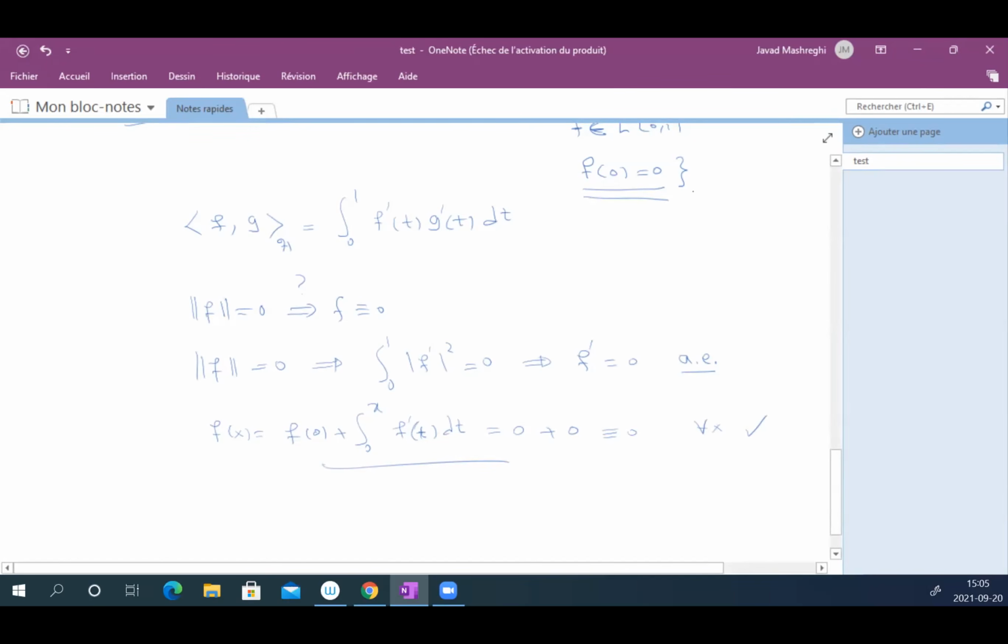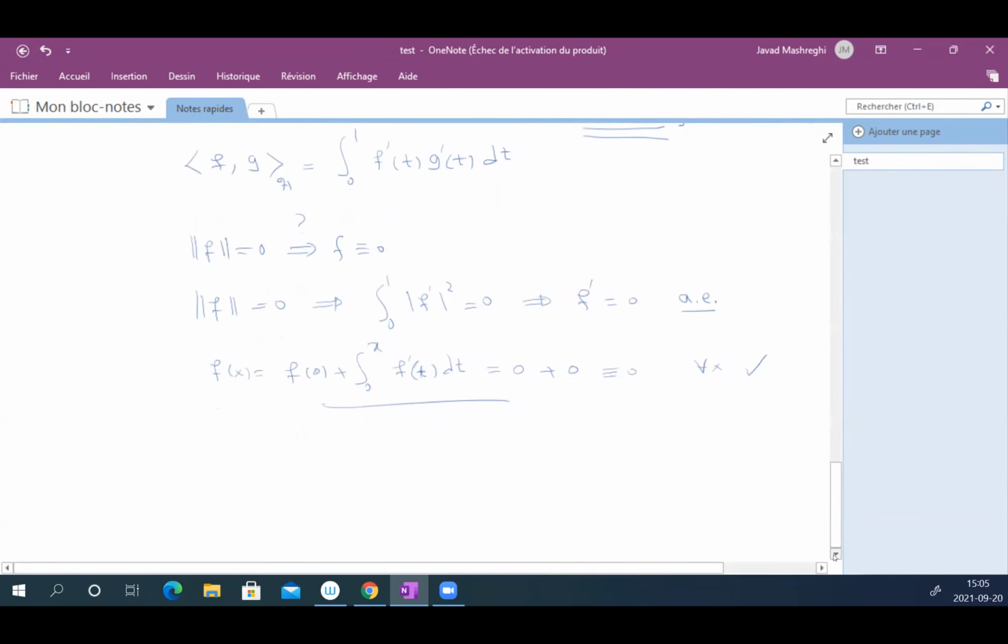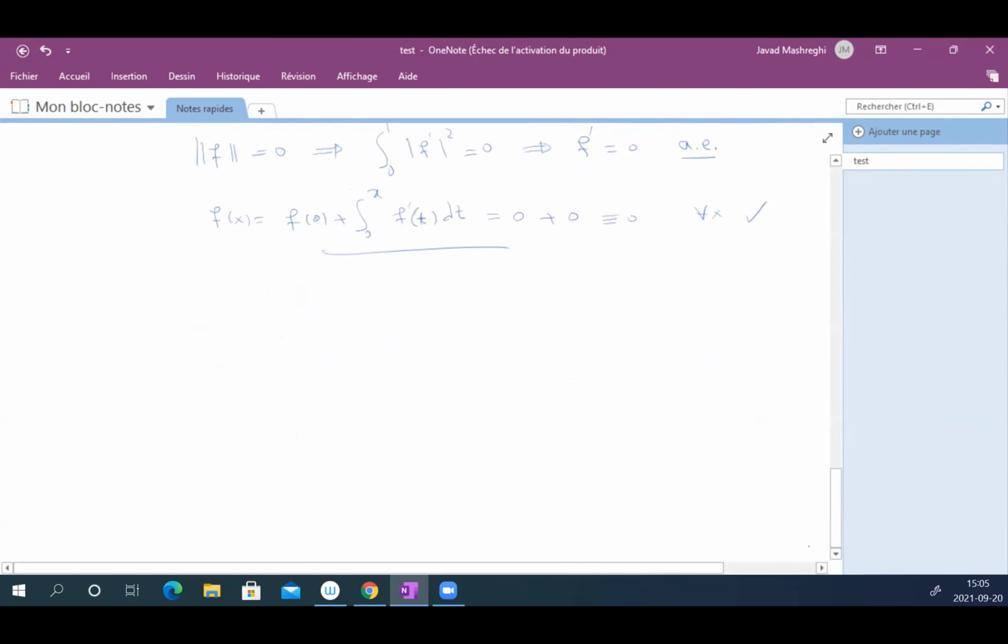The verification of other things and the fact that the evaluation is continuous is precisely as before, with one exception. In this case, we just have this representation. It means that f of x is equal to the integral from 0 to x of f prime t dt.